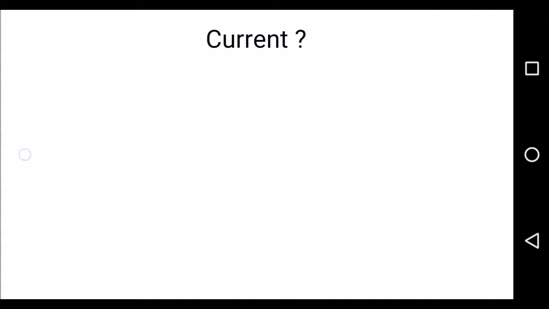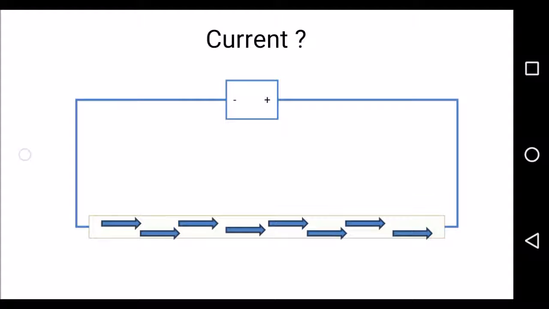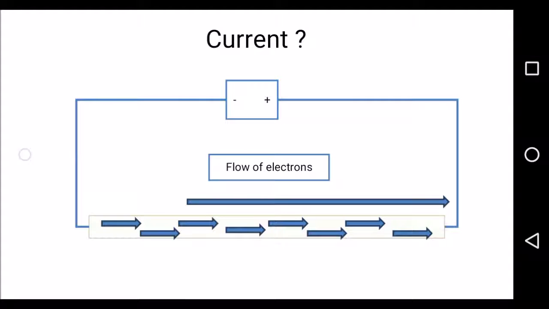Now, what is current? This is the DC source and these are the wires, and the green wire is the magnified view of the blue wire. It contains electrons. As I connected the negative terminal of the battery to the positive terminal of the battery, the electrons present in the wire move from the negative terminal of the battery towards the positive terminal due to voltage, due to EMF, and the direction of the current is just opposite to the flow of electrons in the wire.